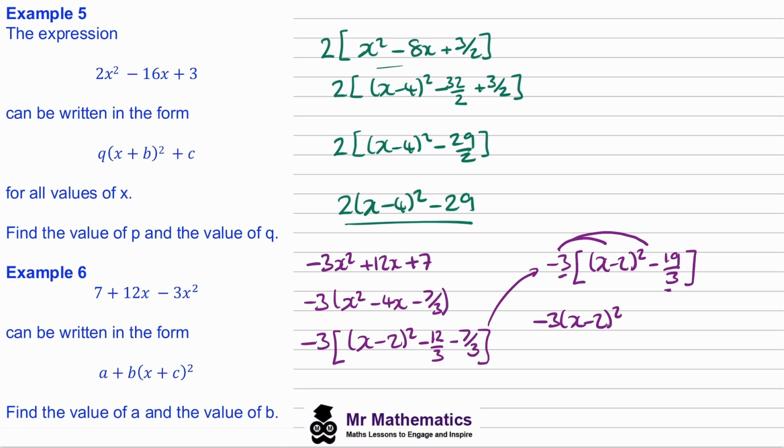This 3 will cancel with this one. So we've got positive 19. And to write it in the form we've been given, 19 minus 3 lots of x minus 2 squared. So a is 19, b is negative 3, and c is negative 2. How did you get on with that?